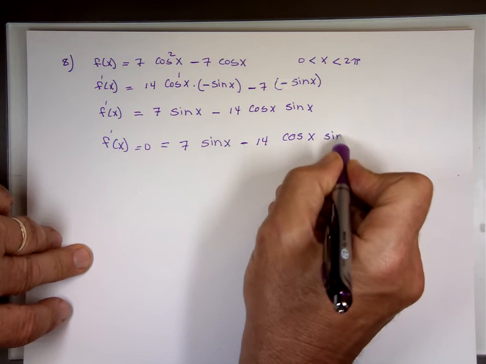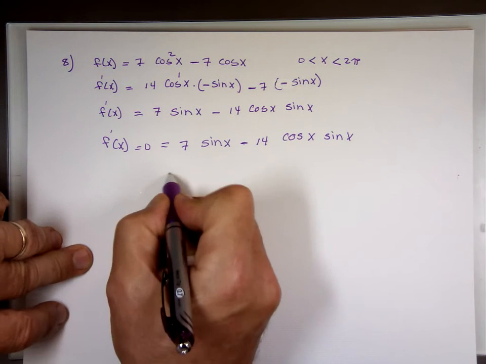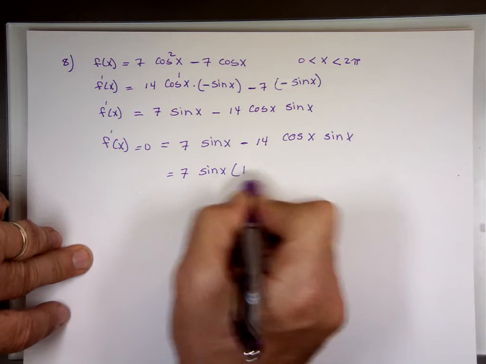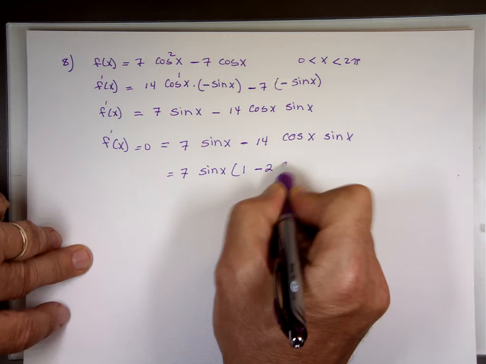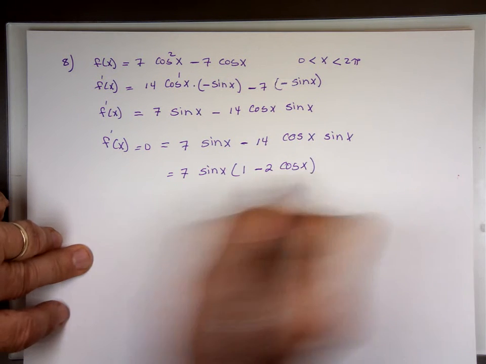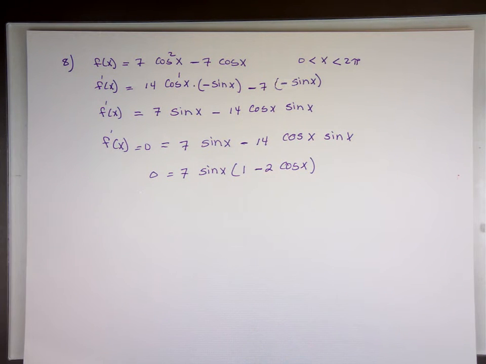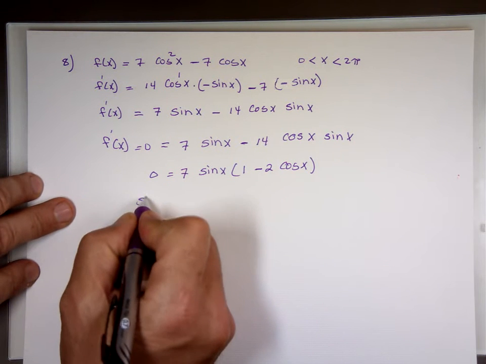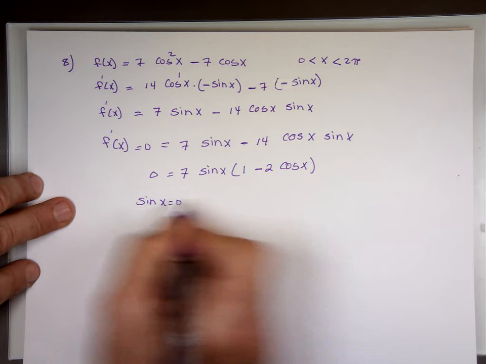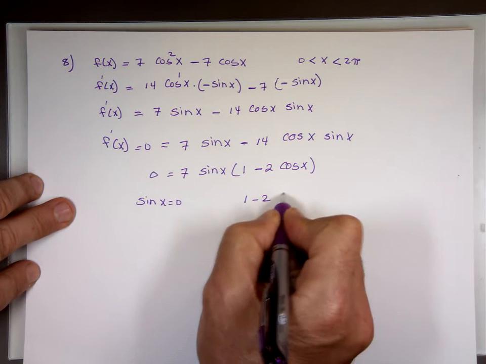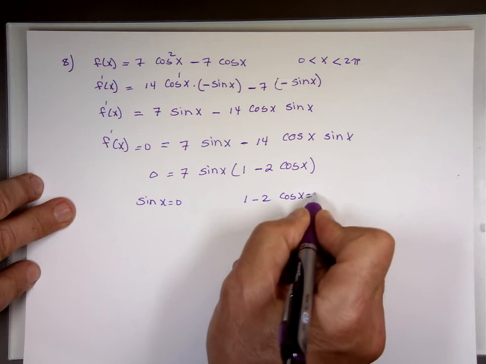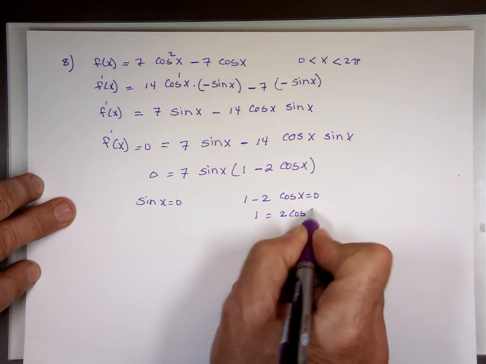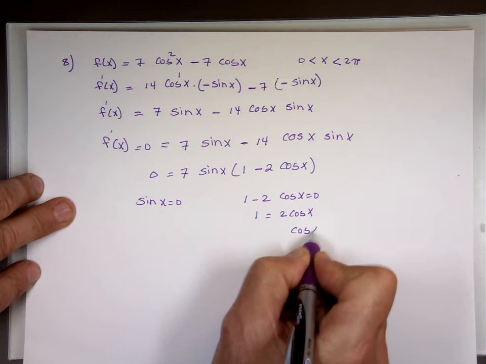And notice I can factor 7 sine of x out. What's left? 1 minus 2 cosine of x. And you want your answer to be 0. Well, for the answer to be 0, one of these has to be 0. Either sine of x has to be 0, or 1 minus 2 cosine of x has to be 0, which means 1 equals 2 cosine of x, or cosine of x equals what? 1/2.